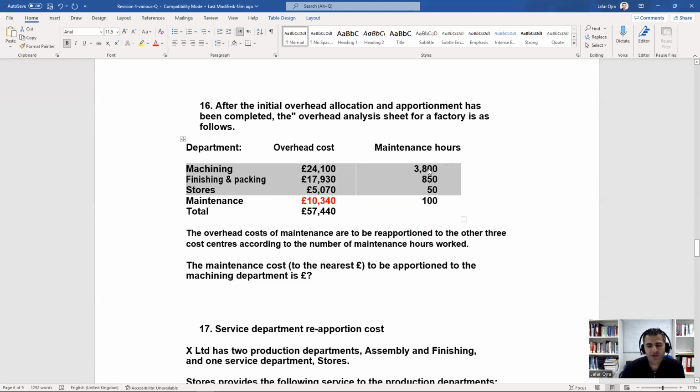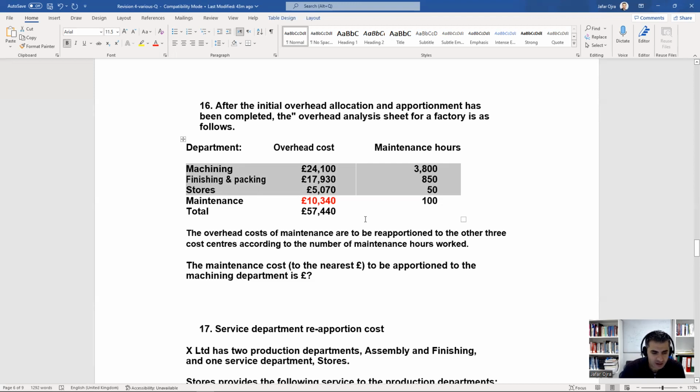We have 3,800, 850, 50. We don't include the 100 because 100 belongs to the maintenance itself. If you add the hours, 3,800 plus 850 plus 50, that gives you 4,700.